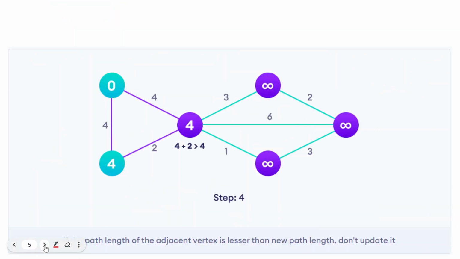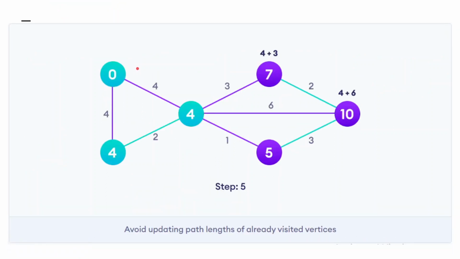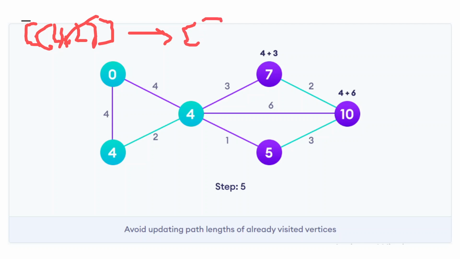So you're going to have 4 comma 2 left in the priority queue. When you come to this point, you'll be having 4 comma 2 in your priority queue, so you're going to poll it. Your queue is going to become empty at this point. Then you're going to add whatever you have updated, right?